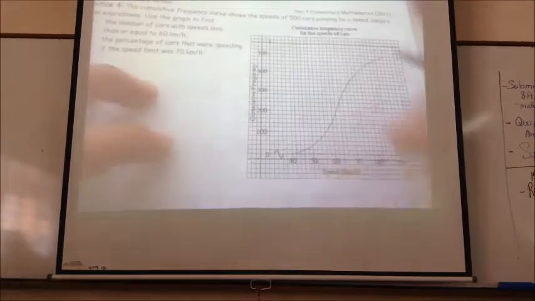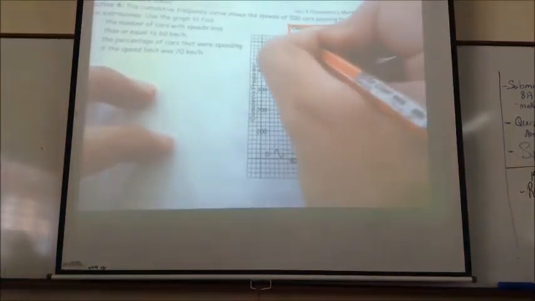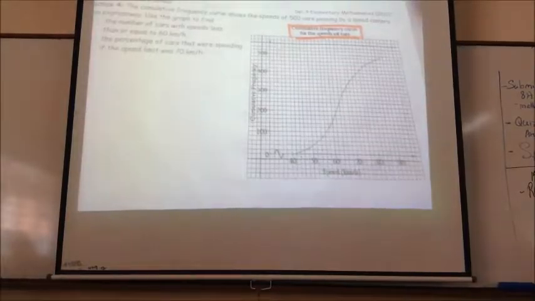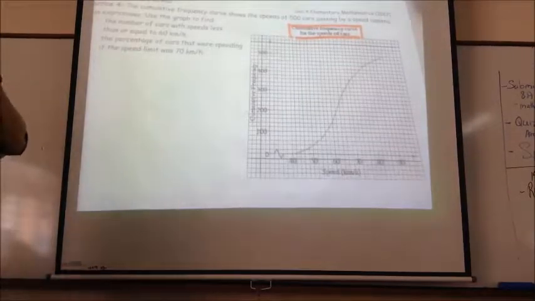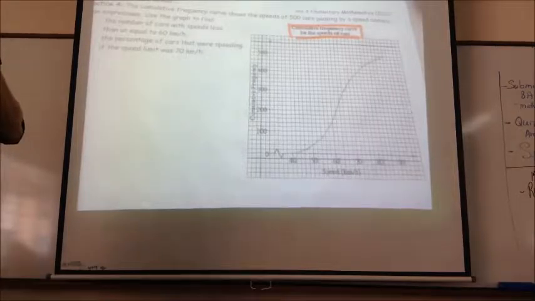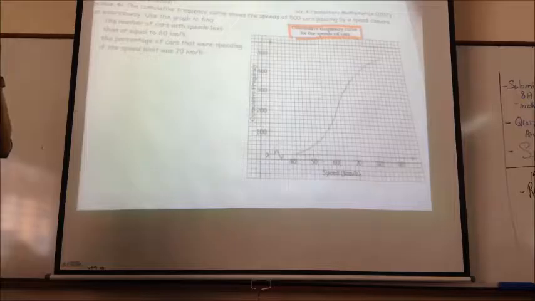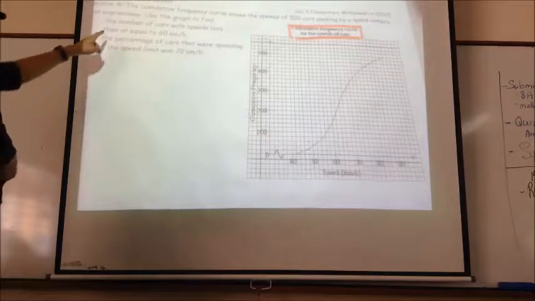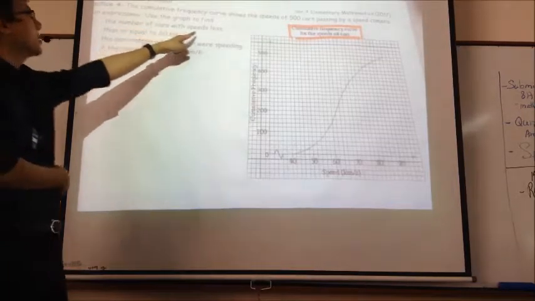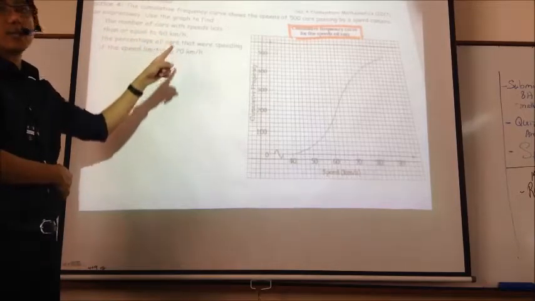But before we understand, I want you to read the question. It says this one shows the speed of 500 cars in a speed camera, and then use the graph to calculate the number of cars with speed less than or equal to 60.